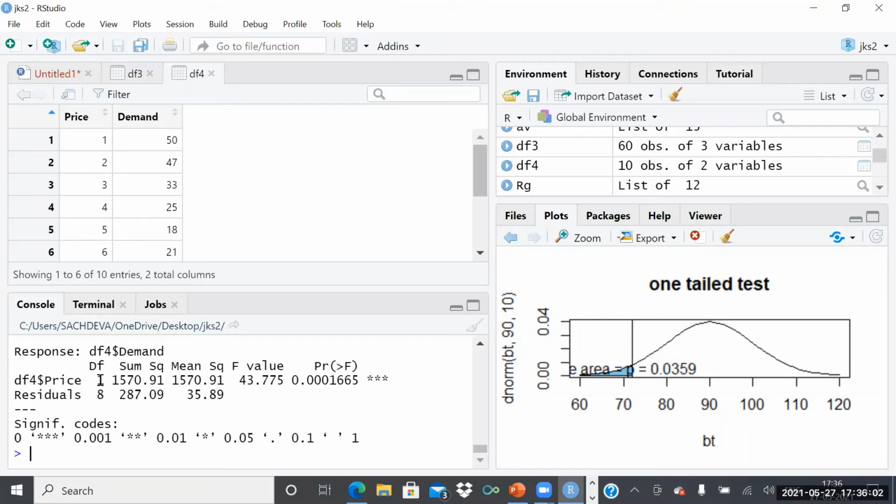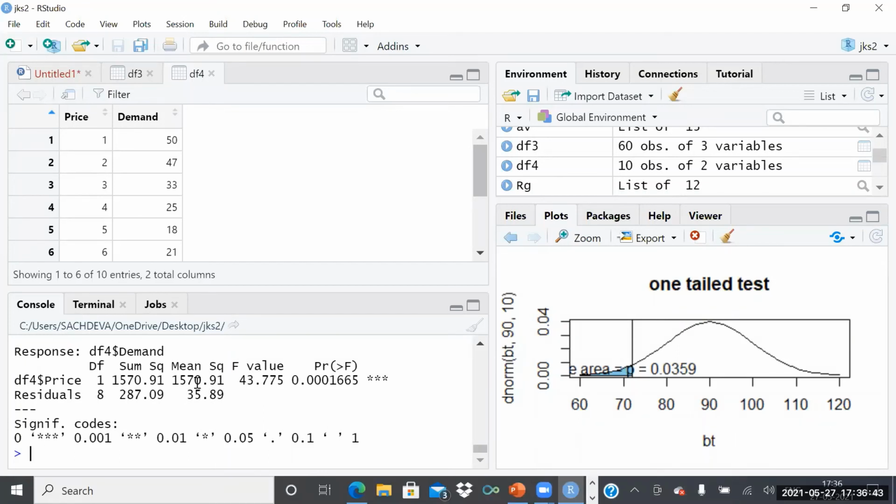So degrees of freedom is 1, and 1570.91 is the sum of squares. The mean square comes from this divided by 1. And residuals mean error. Sum of squares is 287.09. Degrees of freedom left are 8. See, total observations are 10, so total degrees of freedom will be 10 minus 1, 9. So 1 goes for price and another 8 goes for residuals. So 8 plus 1 is 9.